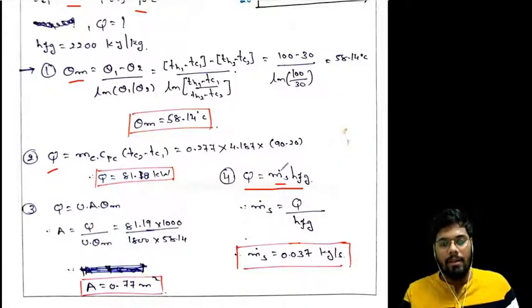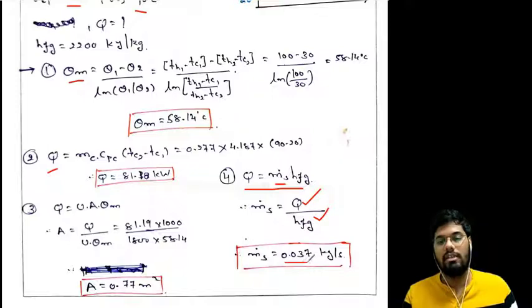So from this equation we can write that mS, condensation rate, is equal to Q by hfg. We know the value of Q. hfg is already given in question, so by putting the value of Q and hfg we can find out condensation rate of steam, which would be 0.037 kg per second.